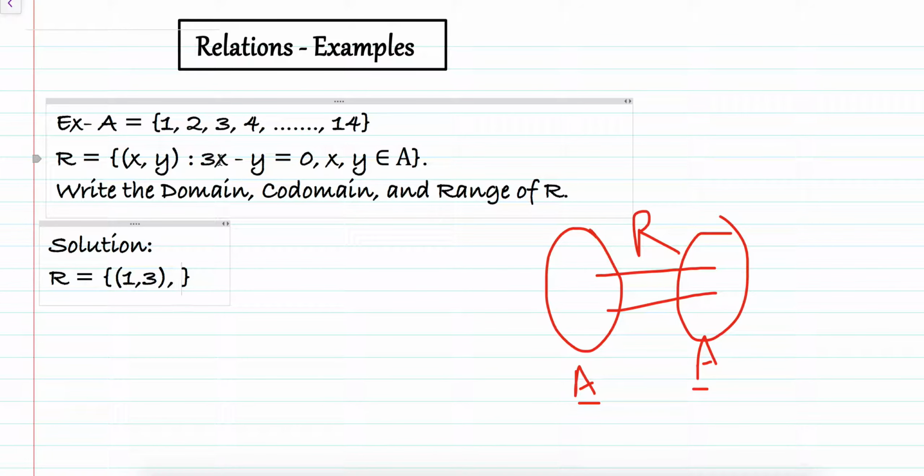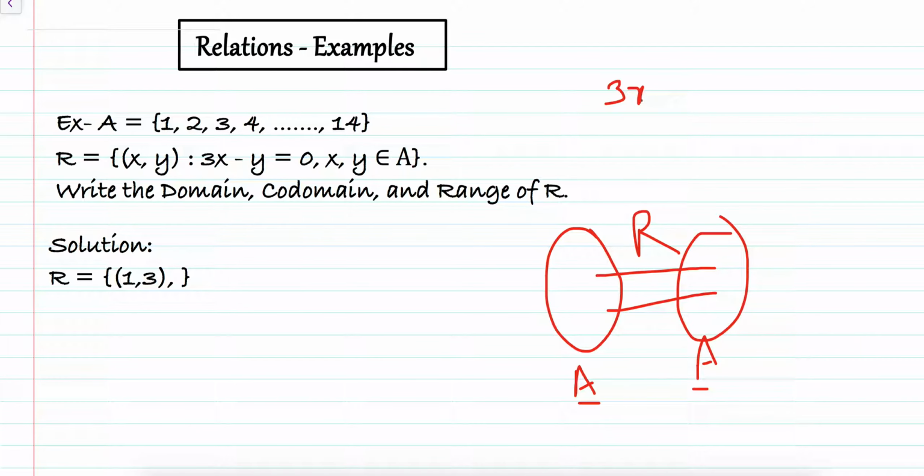So basically you clearly see that this will be true when 3x minus y is 0. So y should be equal to 3x. This y is the second element here.